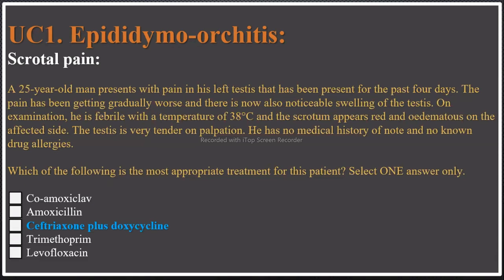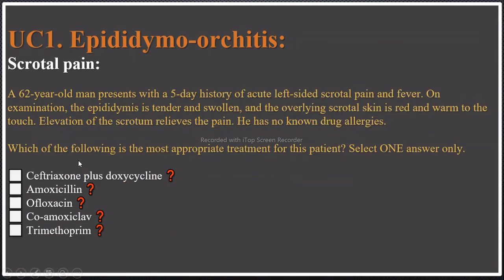Okay, so what is the diagnosis? Epididymo-orchitis. STI. Yes, agree. Okay, so here less than 35, right? Yes. It means sexually transmitted infection. If more than 35, ofloxacin, quinolones. Non-STI. Okay, which of the following is the most appropriate treatment?